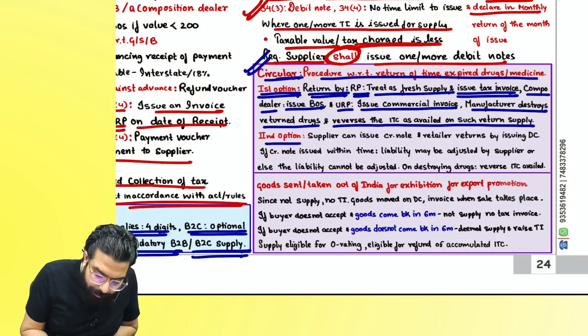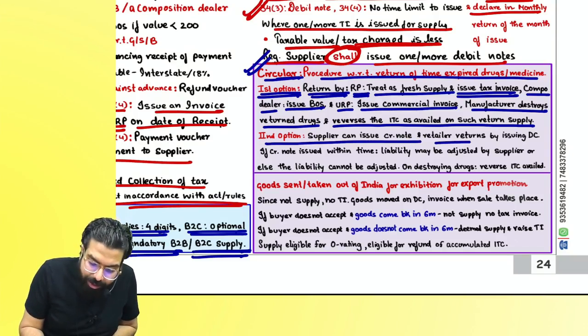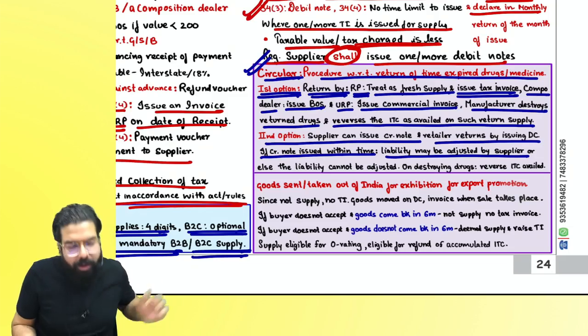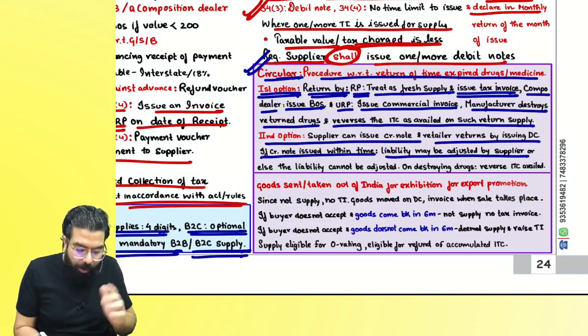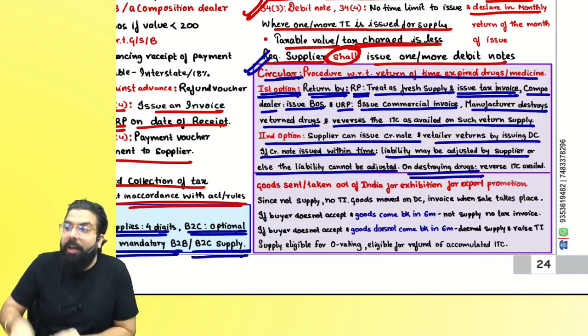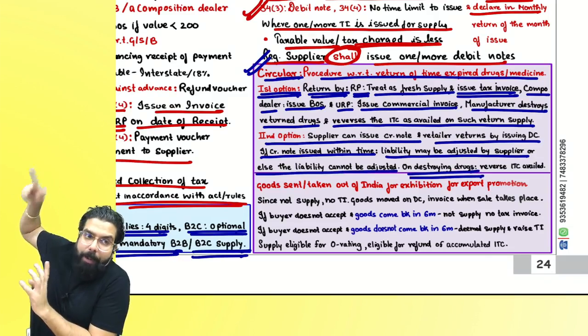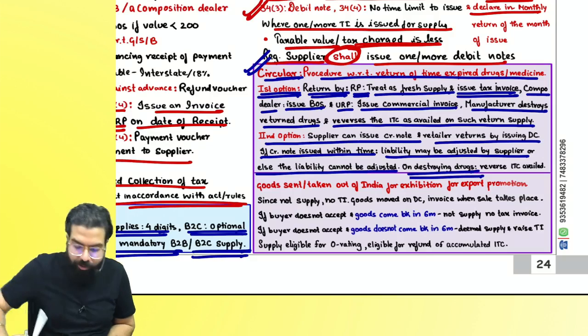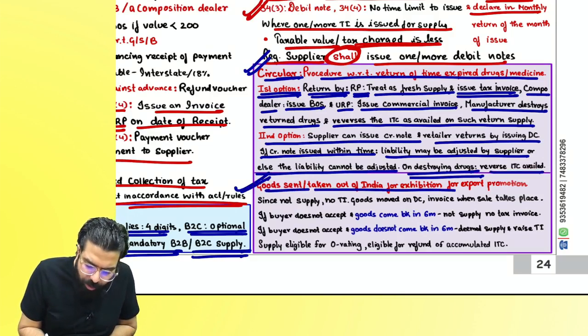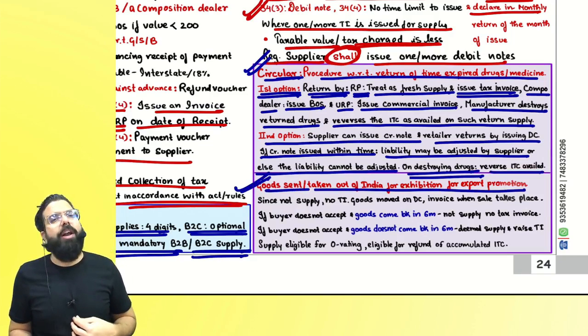So sir, if supplier can issue a credit note and retailer returns by issuing a delivery challan, if credit note is issued within time, liability may be adjusted by the supplier or else liability cannot be adjusted. When you go ahead and destroy the drugs, the ITC which you had availed on the powder will also get destroyed.